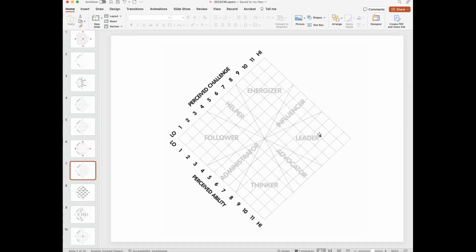Well, what do you really call someone who's in between leader and energizer? Someone who's got a lot of leader ingredients, but some energizer as well? That's where this influencer came into play. Or how about a thinker who's got that energy going for them, but also a big contribution of leader energy?